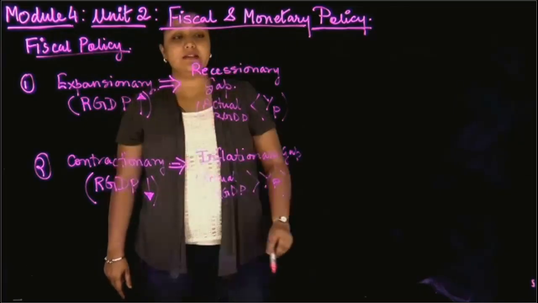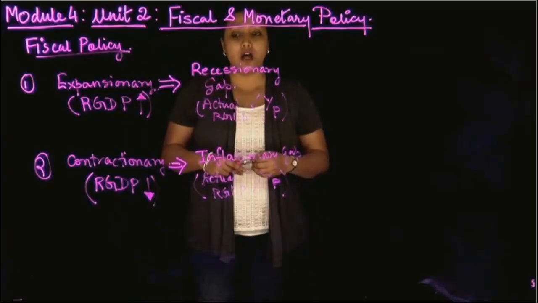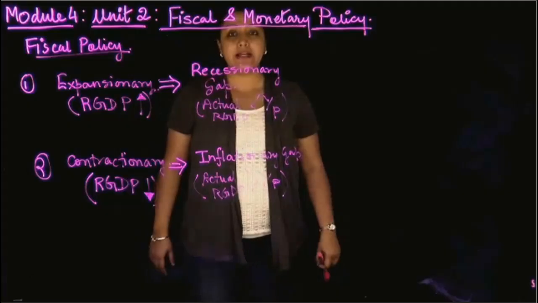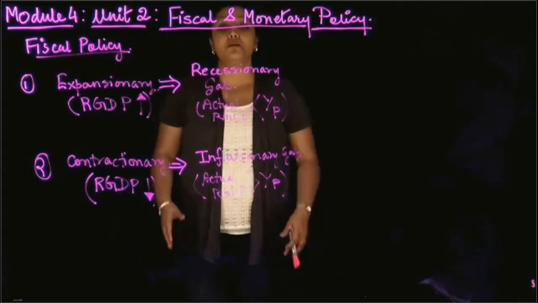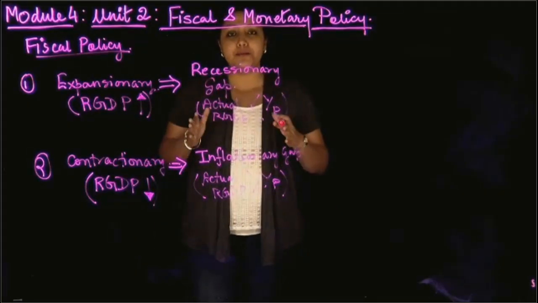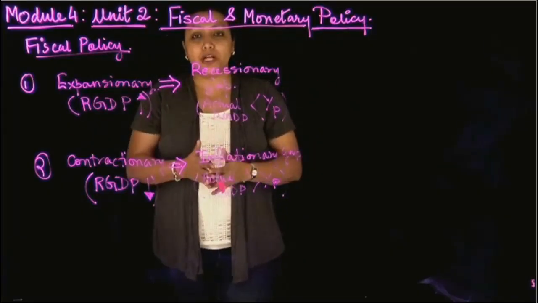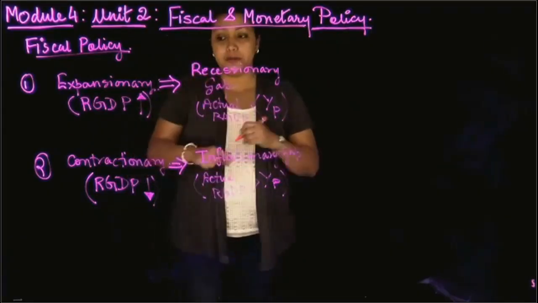That is why it is necessary for the fiscal policy to reduce the real GDP so that it comes back to the potential, because the objective of every policy is to bring the economy back to the potential, or back to the long run equilibrium.